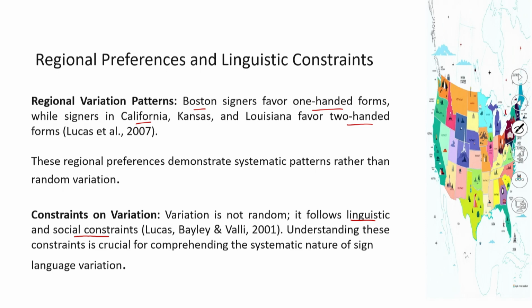The basic point to drive home is that just as spoken language varieties have many nuances which are realized linguistically, behind the scenes there are social variations, various kinds of social patterns that are responsible. Similarly, sign language variations in all these grammatical domains as well as lexical domains also have a pattern.